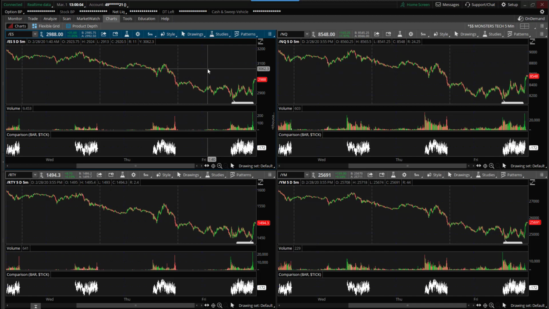So if I have 3 micro contracts, that's $150 of buying power, and I take it into the close, I suddenly need $600 of buying power to hold those because it went from 50 per contract to 200 per contract and I'm holding 3 contracts. Okay, so you can see how that can get out of hand drastic very quickly.